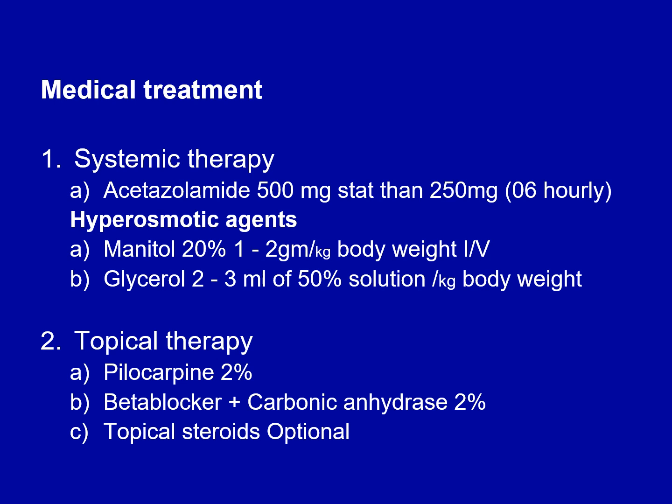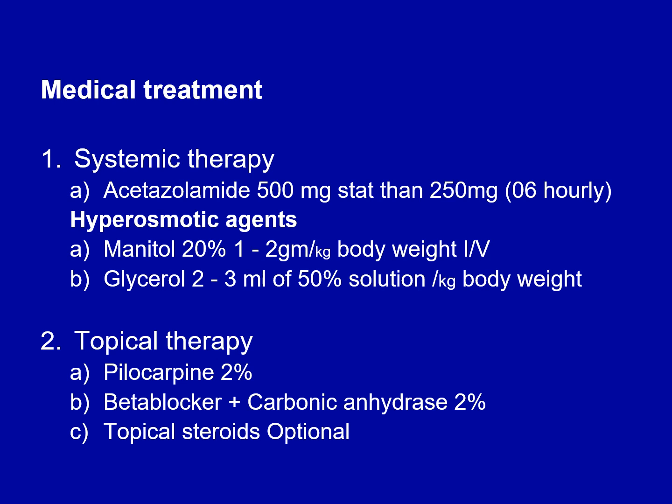You can give glycerol 2 to 3 ml of 50% solution per kg body weight. For topical therapy, you give pilocarpine 2%, initially very frequently and then 6 hourly. But if you have not lowered the intraocular pressure with the help of systemic therapy, pilocarpine will not work unless you have lowered the intraocular pressure to a certain extent.